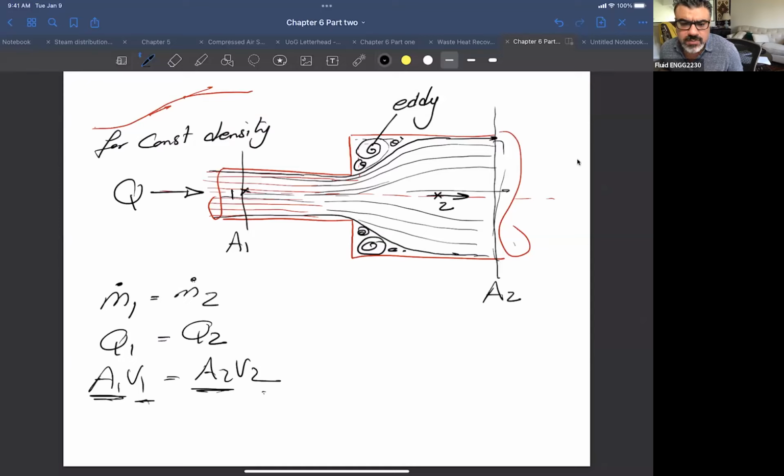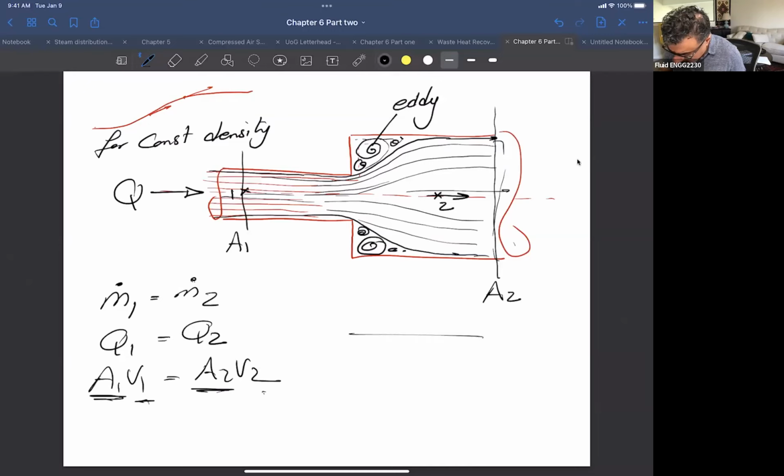Some piping could have a gradual expansion. Still, if the gradual change of the pipe does not fit the smooth line of the streamline, you still have those eddies. This is what we're talking about in the same direction.